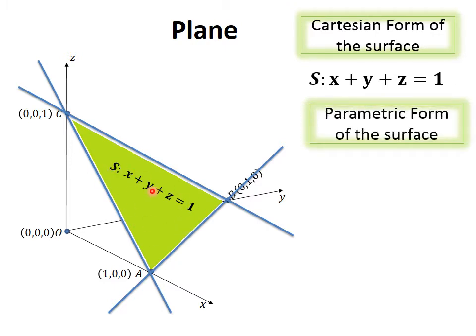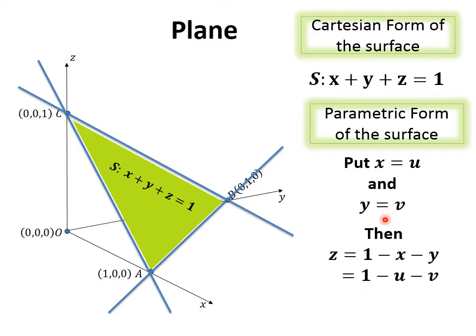Then the surface S is nothing but the surface enclosed by this plane. Now we will see how to represent this surface in the parametric form. As we discussed earlier, out of three variables, any two can be treated as independent variables. Here x and y are treated as independent variables. Put x equal to u and y equal to v. Then z can be written in terms of x and y.